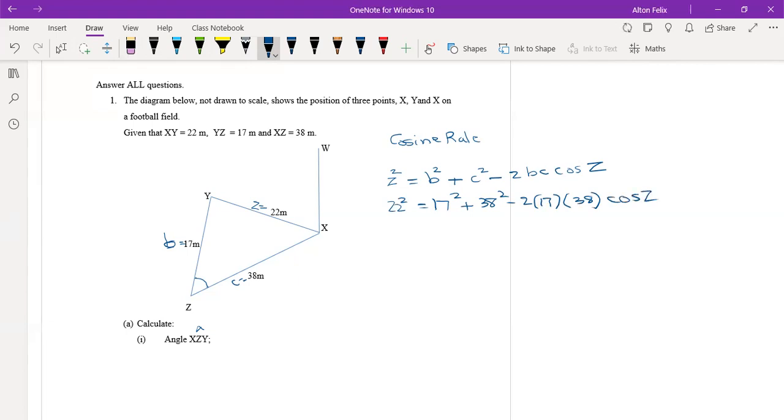Okay, so let's bring up the calculator and let's work these. So 17 square is 289. So this will be 289 here. Let's get 38 square and 22 square. That's 1444.